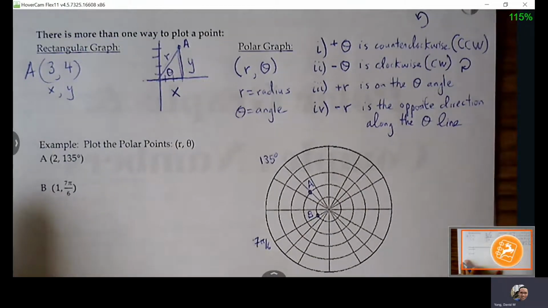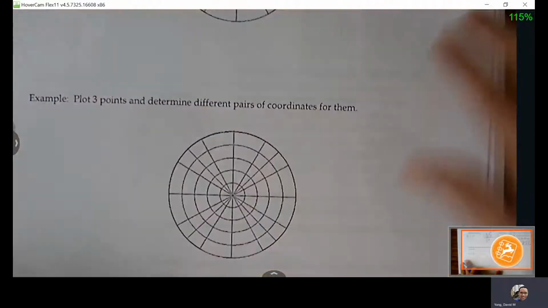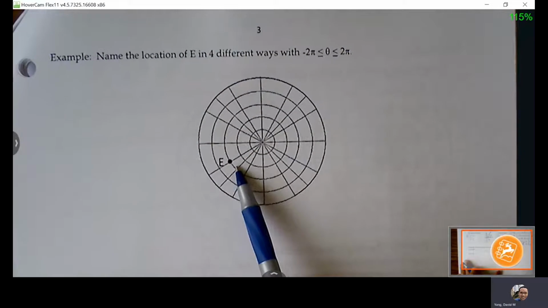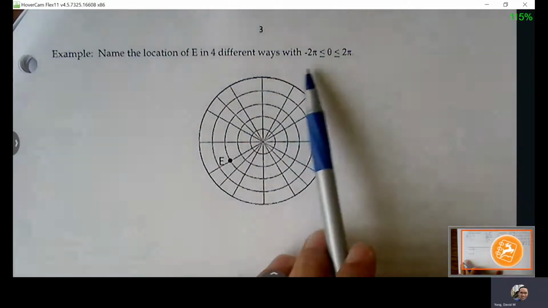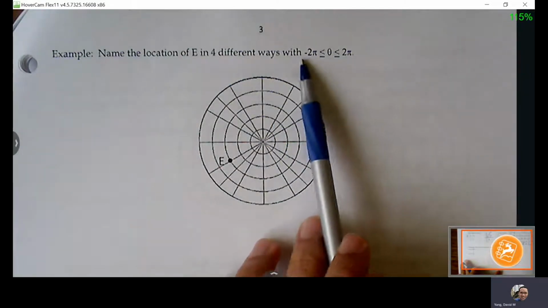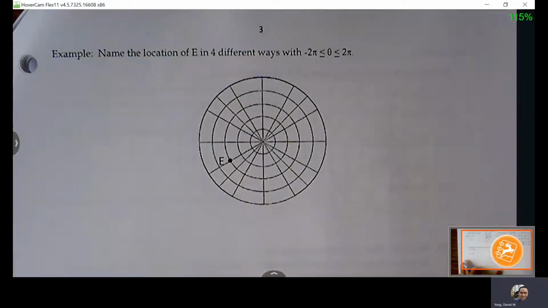So page 3. We have point E showing on top of page 3. Name the location of E in 4 different ways, between negative 2 pi and 2 pi.